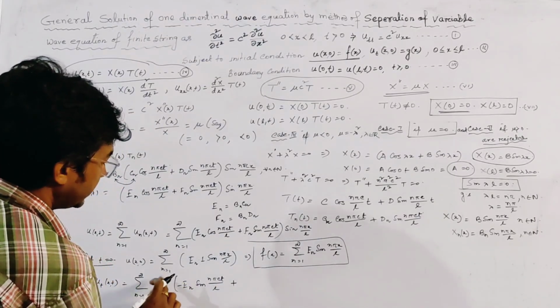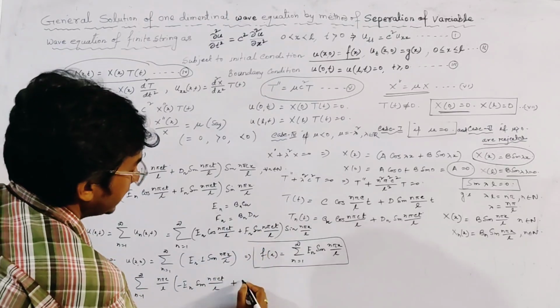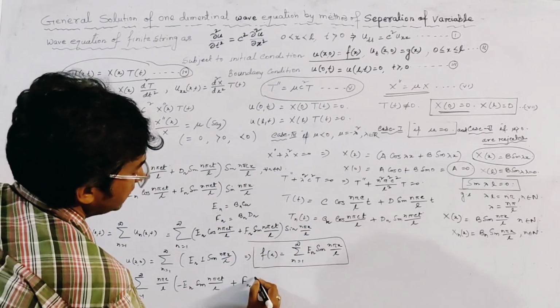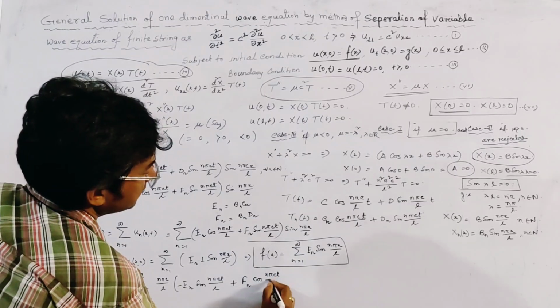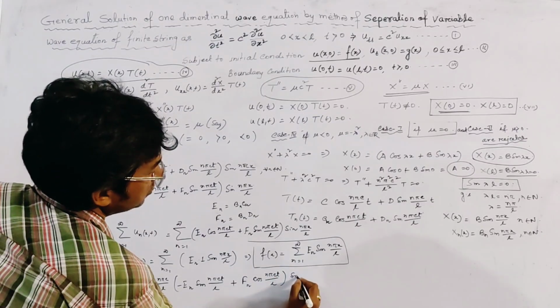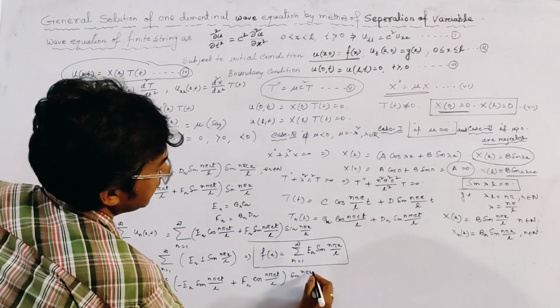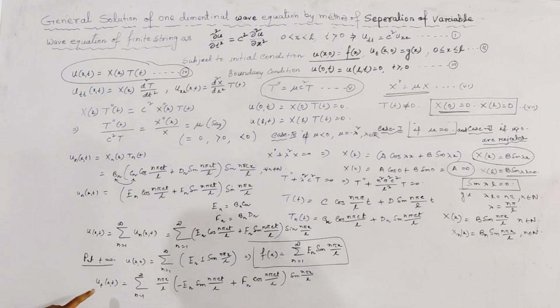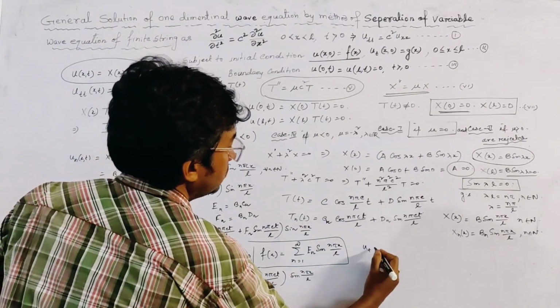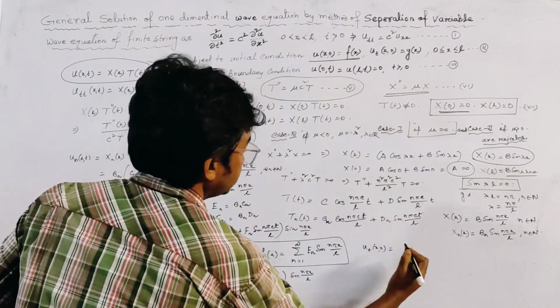We take common n pi c by L also from here and get F_n into cos(n pi ct by L) into sin(n pi x by L). This is constant with respect to t. Now we put t equal to 0, we get u_t(x, 0).